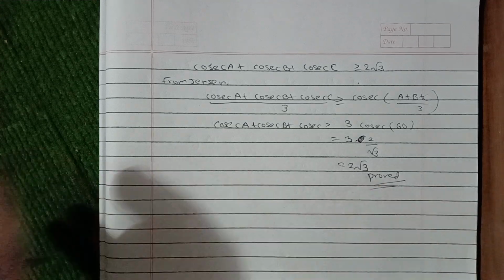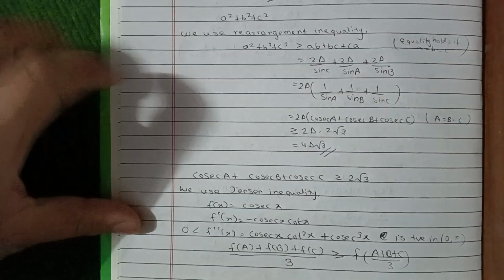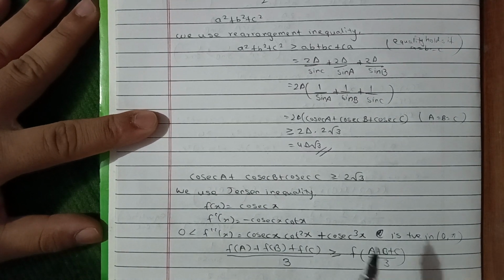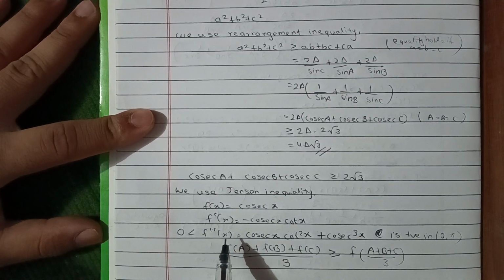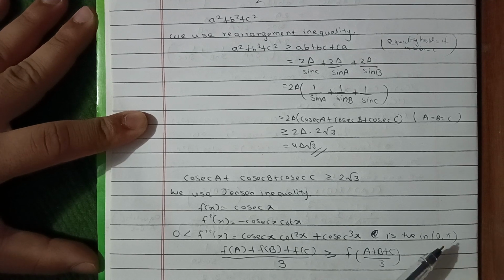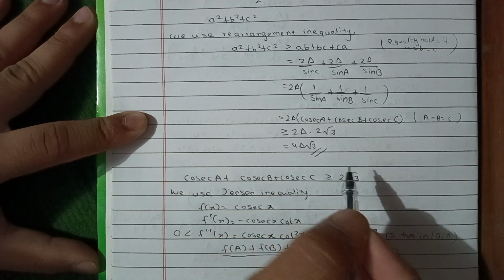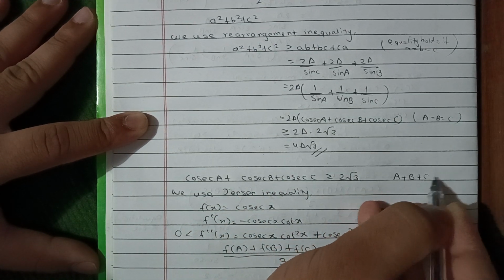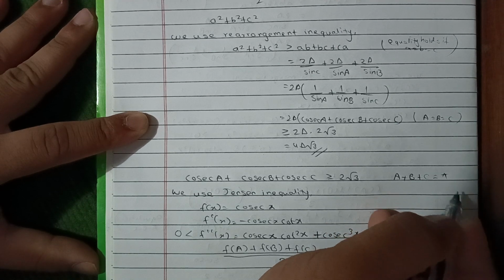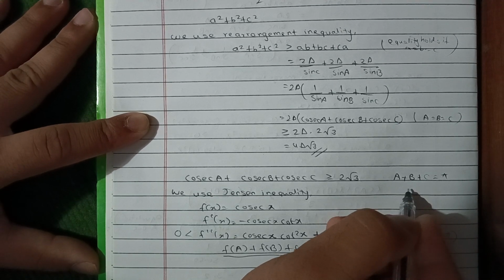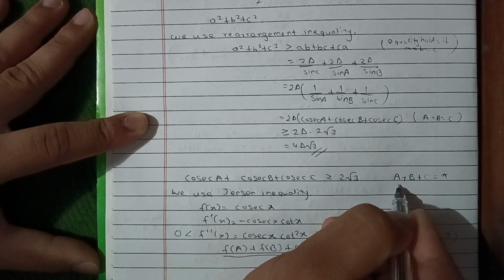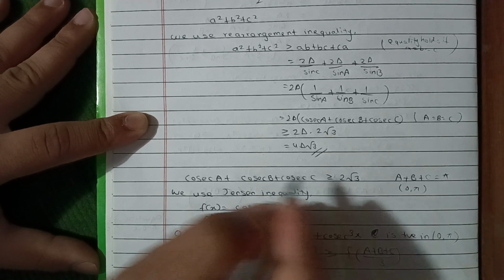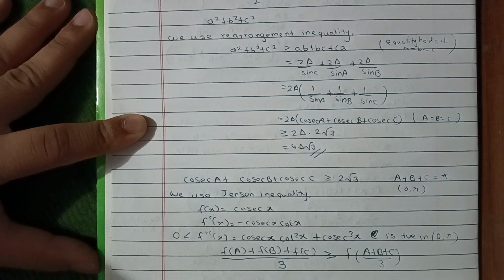One other thing that I would like to remind you is, here we just checked if the second derivative is positive in the interval 0 comma pi. Why we did that is since our angles A plus B plus C equal pi, the values of A, B, C can only range between 0 and pi.